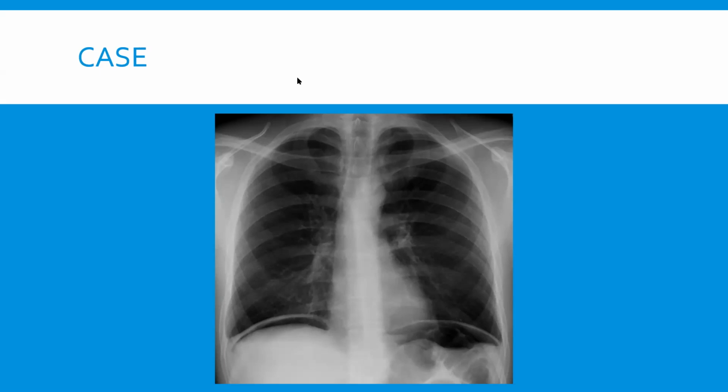Looking at the bones, I don't notice any abnormalities, and there are no other extra features. So in summary, there's some kind of pathology going on due to some GI pathology like perforation, due to the air under the diaphragm.